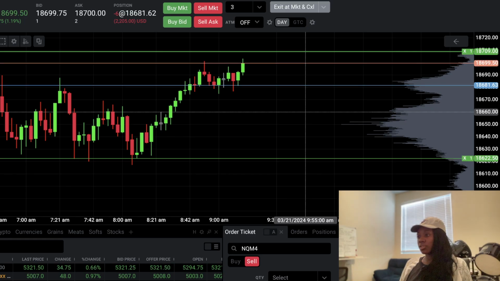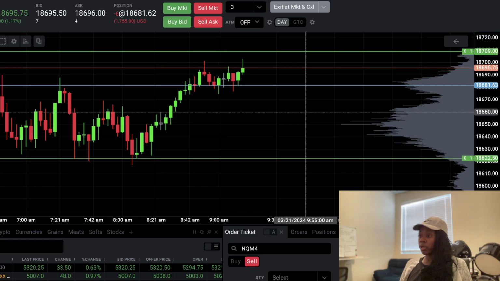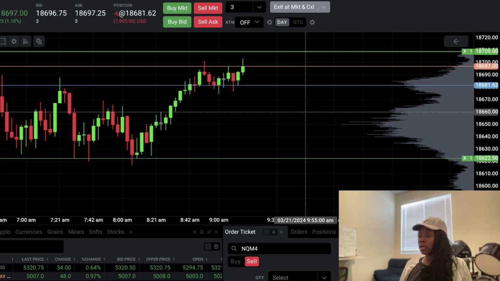Why did I take this trade? I took the trade because I primarily trade order blocks, and we were inside of a nice Fibonacci retracement level inside of an order block.